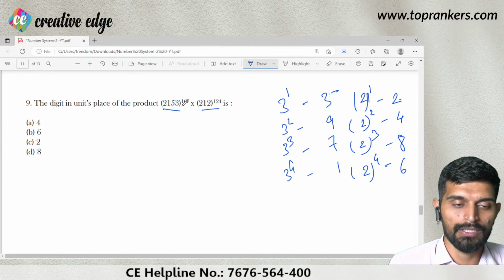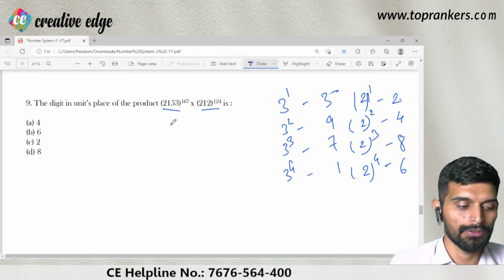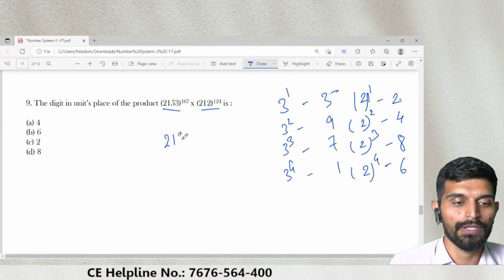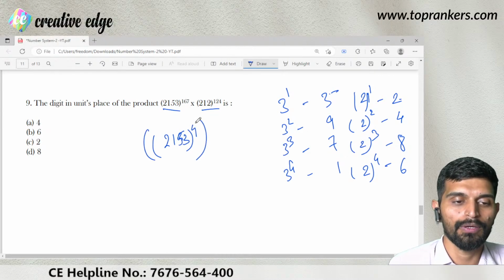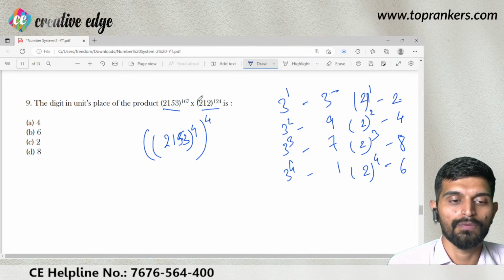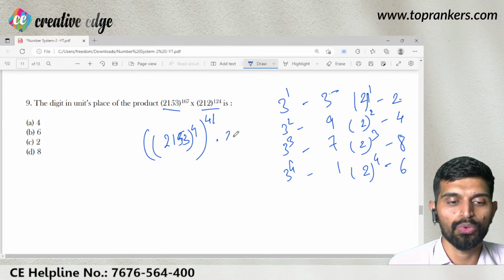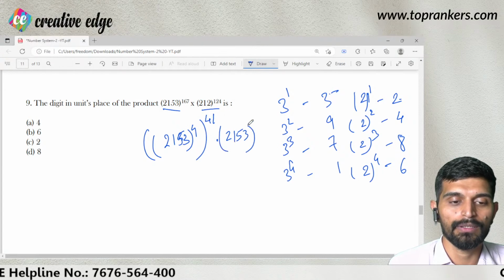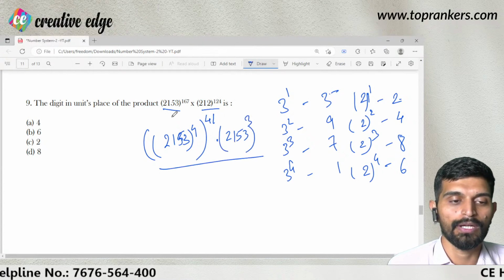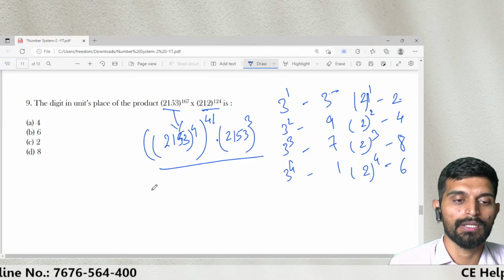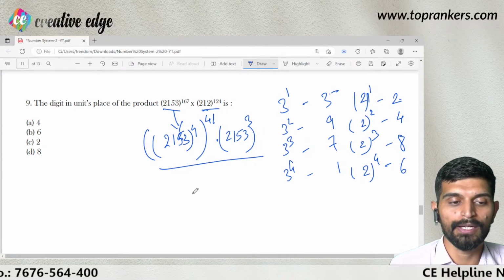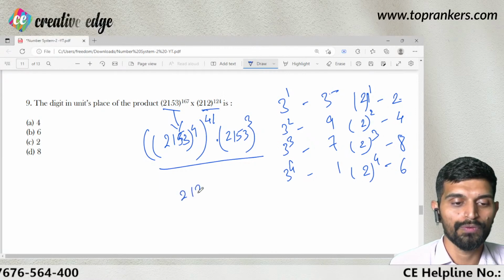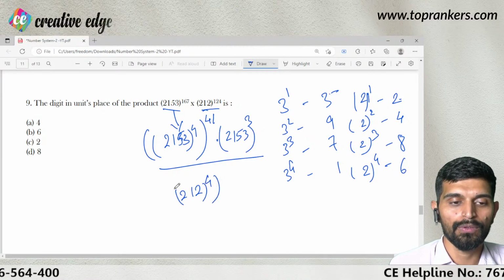So divide this by 4. So 4 4s are 16, 4 1s are 4. This is how we can divide this one part, and this 2 to the power 124 is further completely divisible by 4. 4 3s are 12, 4 1s are 4.